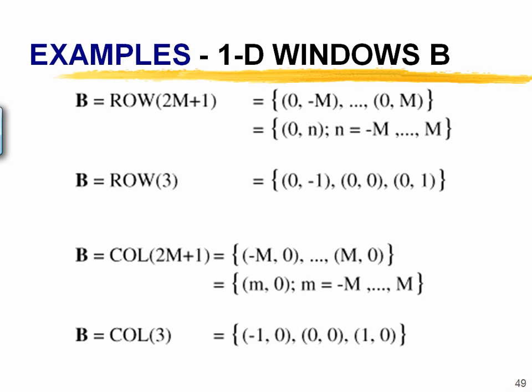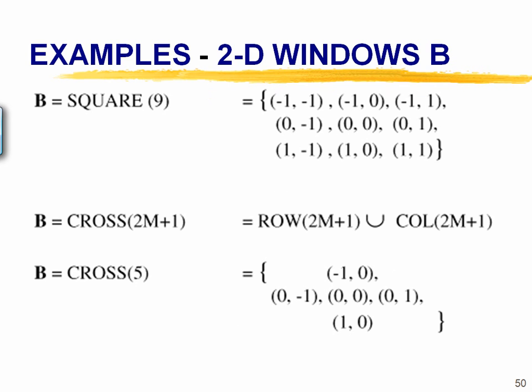I can define its coordinates as (m, 0), where m goes from minus m to m. So a simple example of a column 3 window would be (-1, 0), (0, 0), and (1, 0). Makes sense?